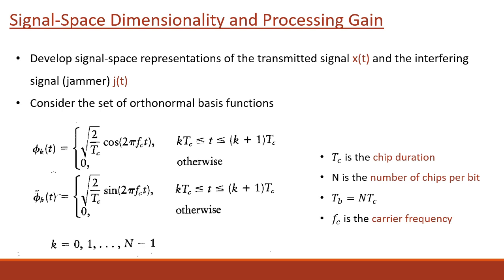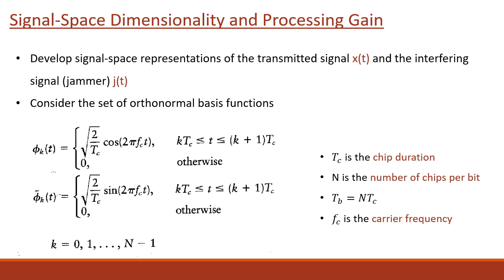phi k of t is 0 otherwise. The other set of orthonormal basis functions is indicated as phi k tilde of t, which is equal to root of 2 by Tc sin 2 pi fct for k Tc less than or equal to t less than or equal to k plus 1 Tc, and 0 otherwise. Here the small k can take values 0, 1, up to capital N minus 1.